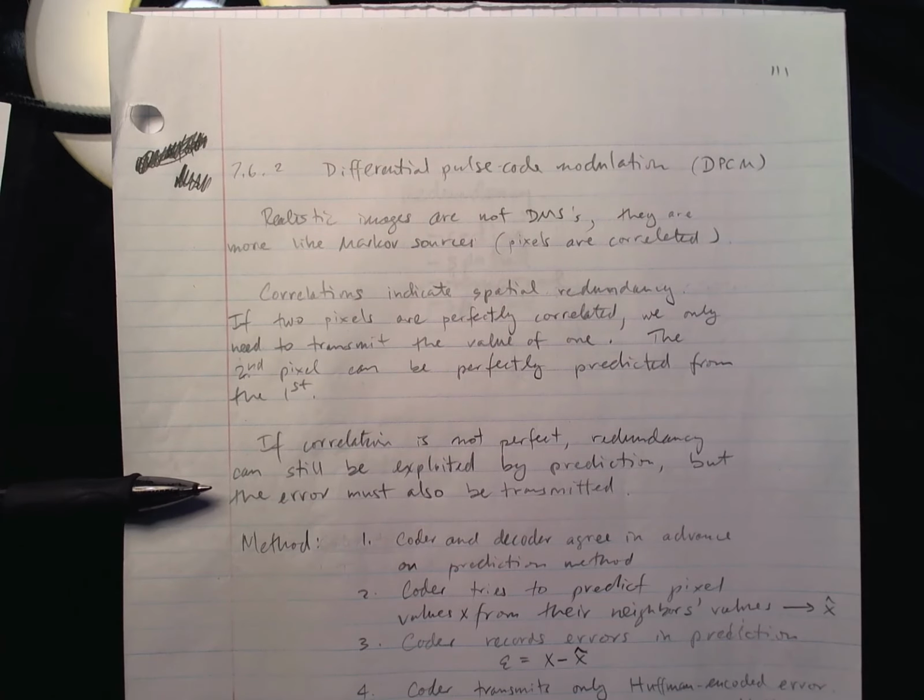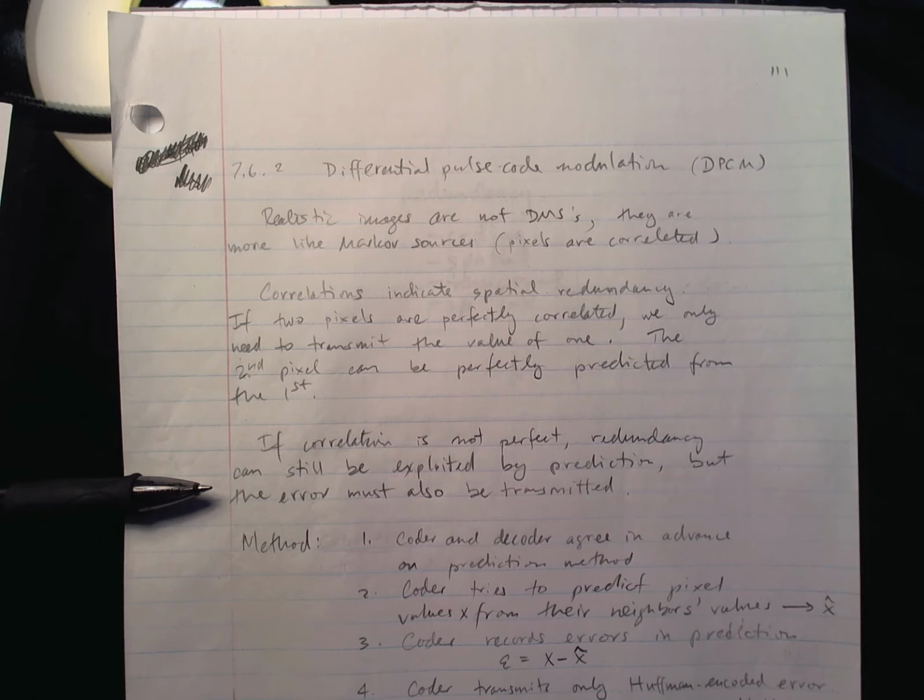Now let me back up and make this more concrete for you. Way back at the beginning of this section, I gave a very extreme example where you have an image where every single pixel has a value of 100.